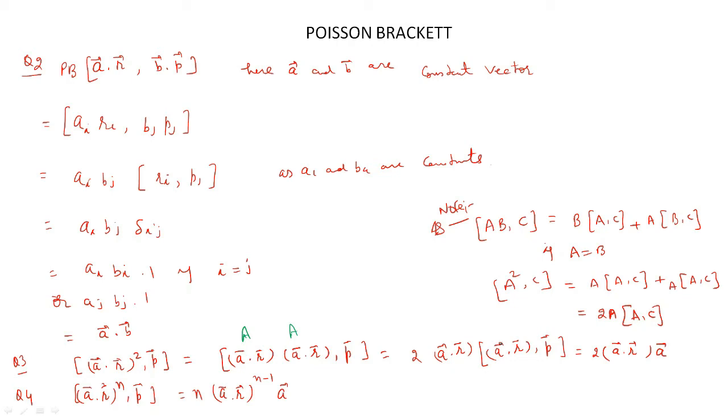And you know that {A·R, P} in terms of the Poisson bracket is equal to A. So its value will be twice (A·R) times vector A. Similarly, {(A·R)^n, P} can be solved in the same way, and it is equal to n (A·R)^(n-1) times vector A.